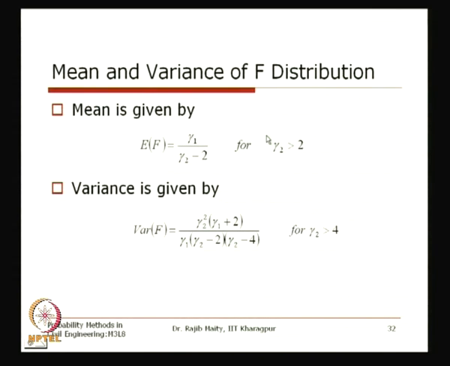The mean of this F distribution is nu 2 by nu 2 minus 2 for nu 2 greater than 2, and the variance is defined by 2 nu 2 square multiplied by nu 1 plus nu 2 minus 2 divided by nu 1 into nu 2 minus 2 square multiplied by nu 2 minus 4, for nu 2 greater than 4.